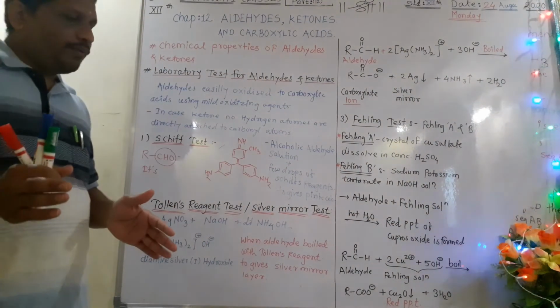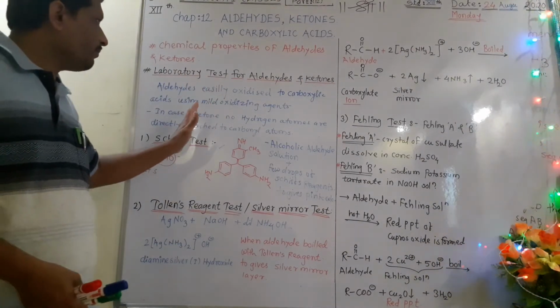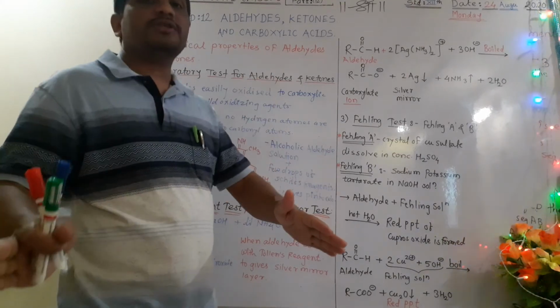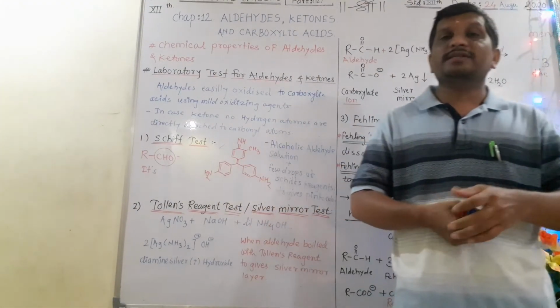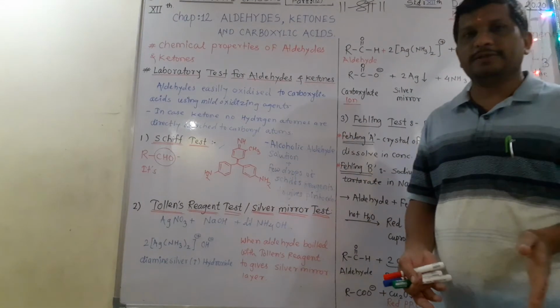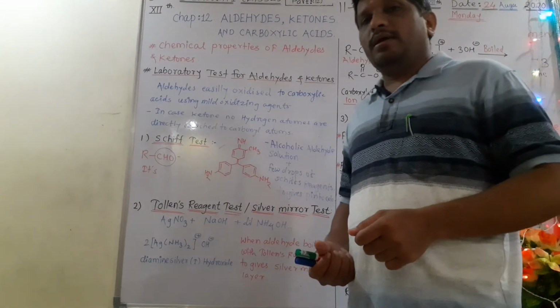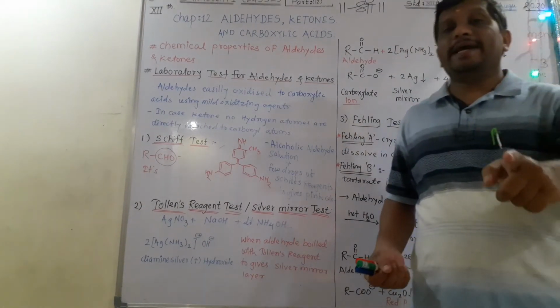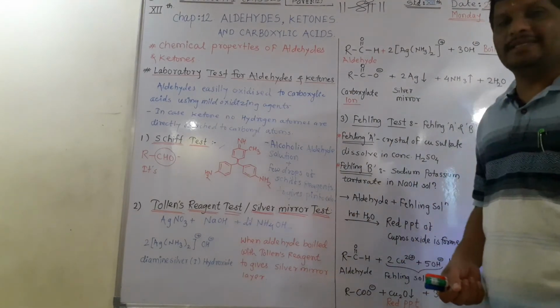And now we can see the topic from the first explanation. Aldehydes can be easily oxidized by mild oxidizing reagents, but ketones are not oxidized by mild oxidizing reagents, because in the aldehydic group a hydrogen atom is directly attached to the carbonyl carbon, that's why it's easily oxidized.